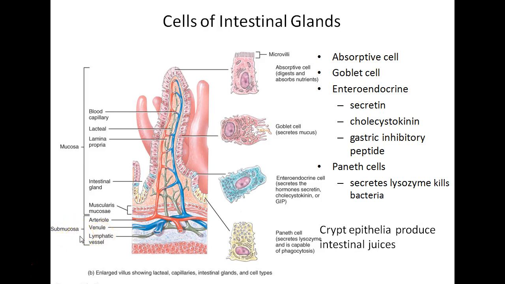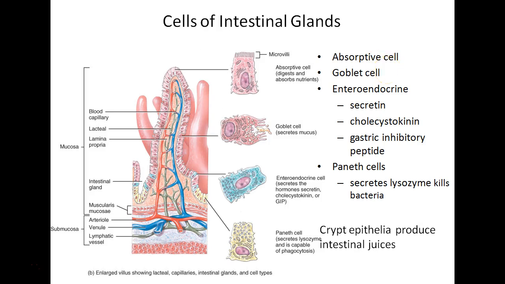And these are going to secrete some intestinal juice. And we see that goblet cells have the function of producing mucus. This mucus is going to lubricate and protect the intestinal lining. And in addition to the goblet cells, we're going to have absorptive cells. These are going to digest and absorb the nutrients that we've been discussing.